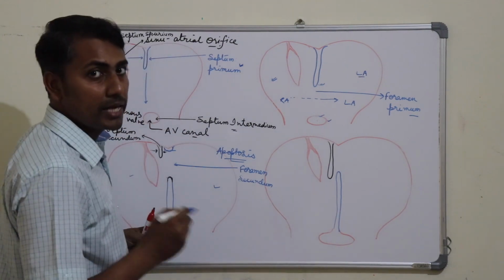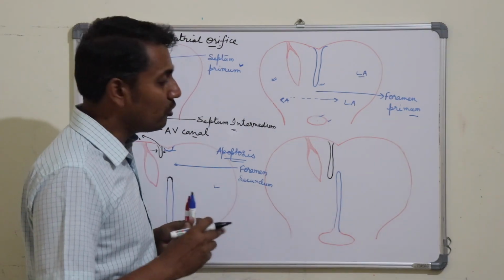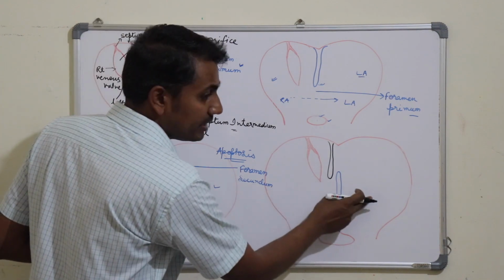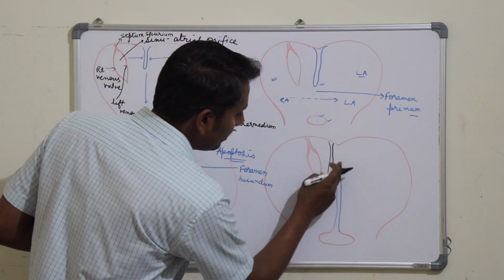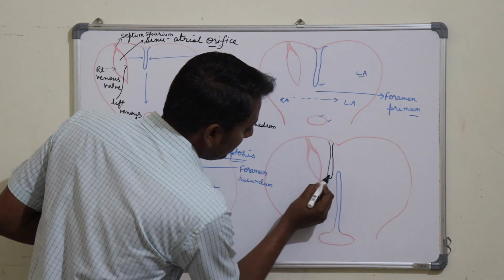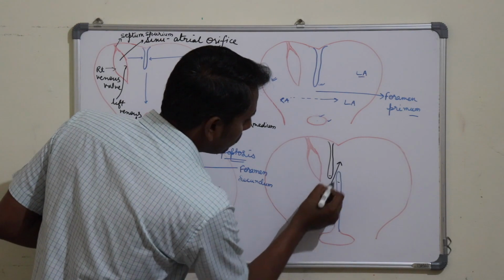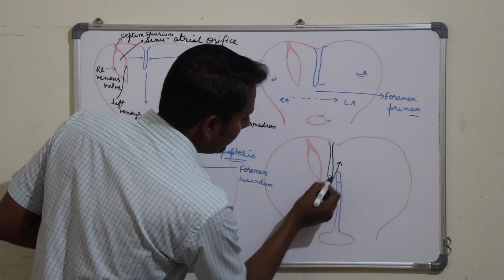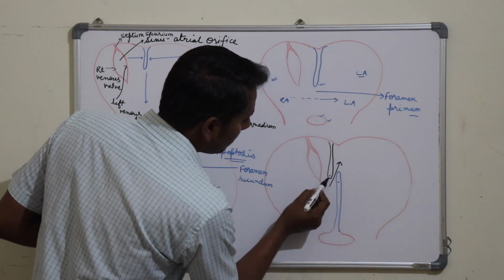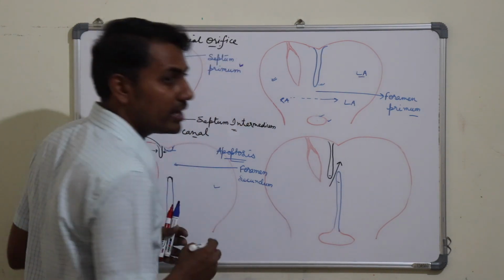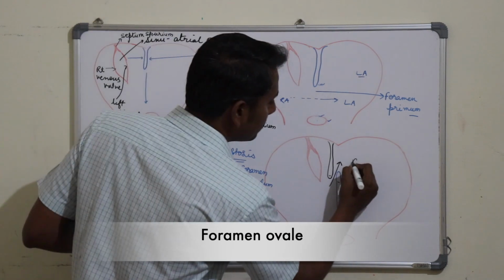But to maintain the flow of the oxygenated blood from the right atrium to the left atrium, there is always an interval between the septum secundum and the septum primum, this gap. This slit-like gap between the lower part of the septum secundum and the upper free edge of the septum primum is known as foramen ovale.